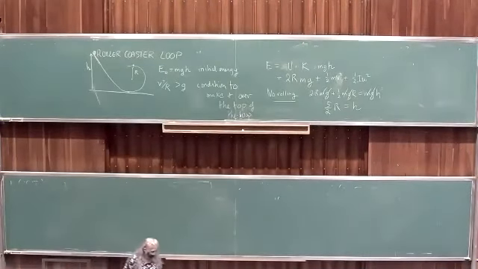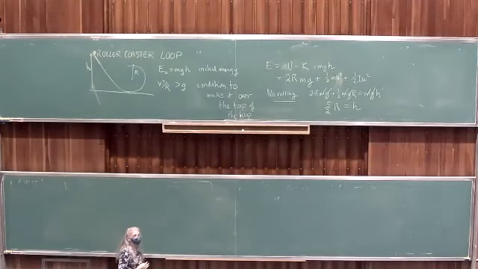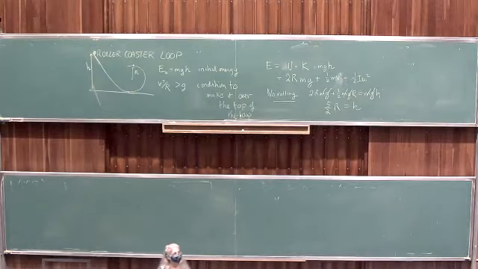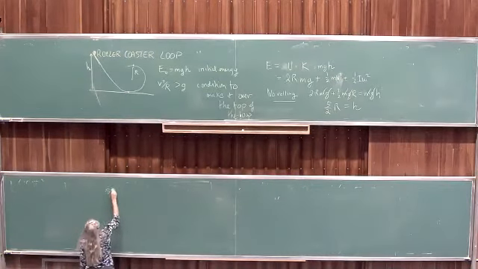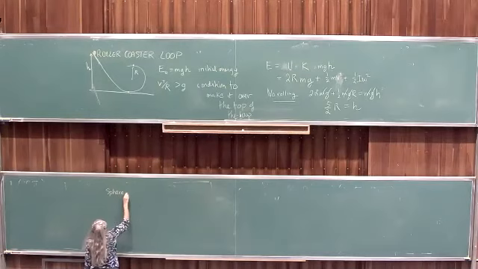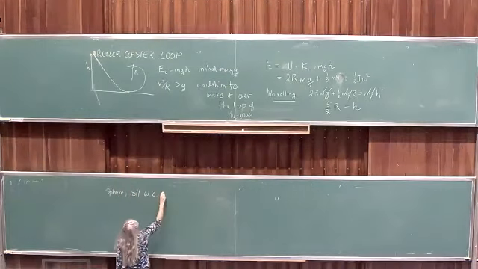Okay, so if it's not rolling, the height has to be greater than 5/2 times the radius. So what if it's rolling? And we need to pick something that we know the moment of inertia of, otherwise we're not going to be able to solve the problem. So let's do a sphere, and we'll let it roll without slip.